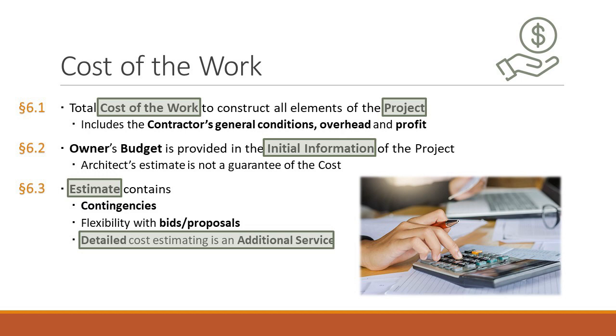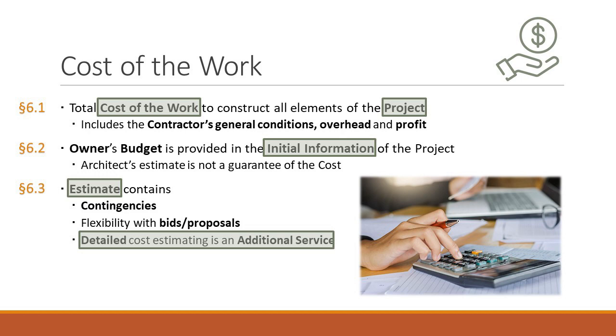The final highlighted portion of this provision says, the architect cannot and does not warrant or represent that bids negotiated will not vary from the budget of the cost of work or any estimate of the cost of work prepared or applied by the architect.